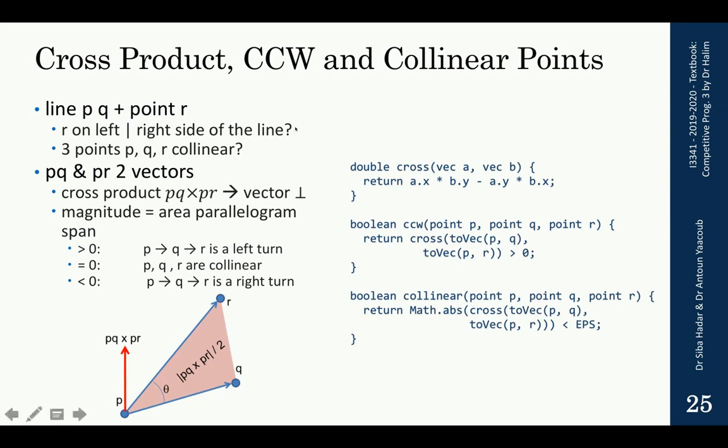The cross product. We saw the dot product. Now we will see the cross product, the counterclockwise and collinear points. So if we have a line PQ and a point R, and you want to know whether R is on the left or the right side of the line, or perhaps R will be collinear with P and Q, this is the question in this slide.